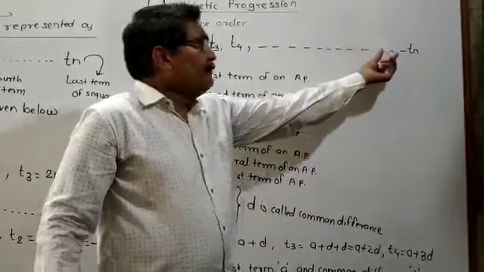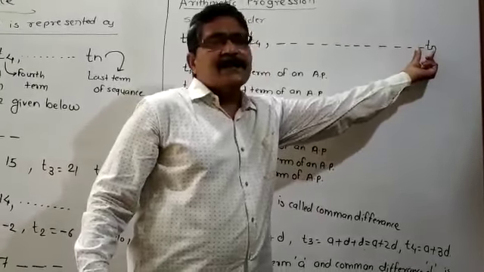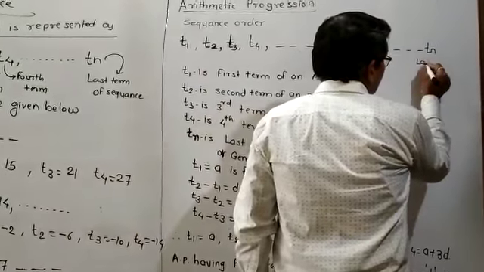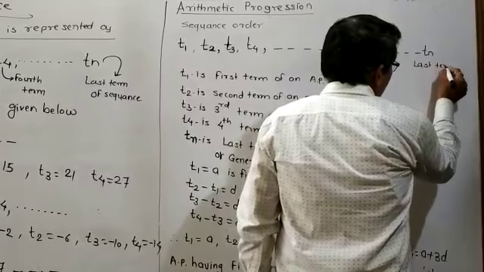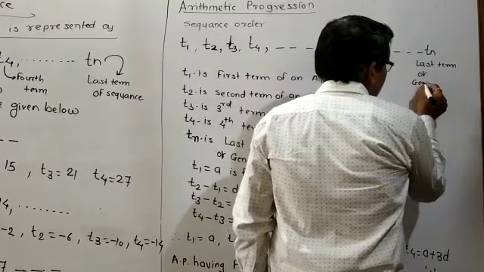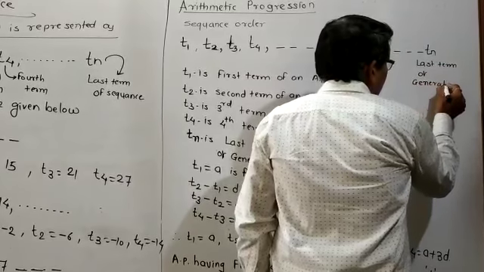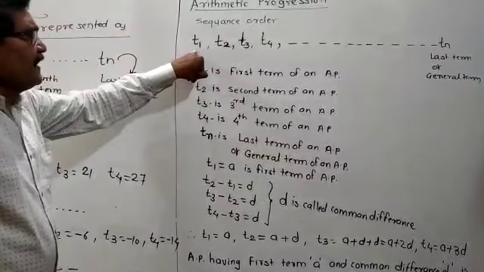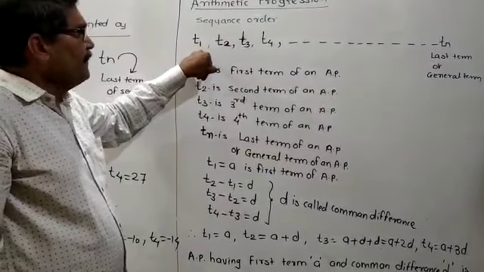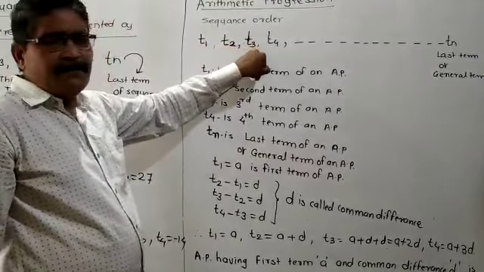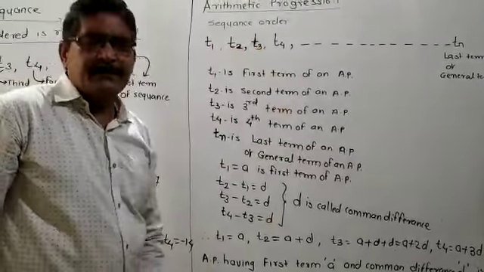But in an AP, this is called the general term. The first term of the AP is T1, then the second term, third term, and fourth term of the AP.